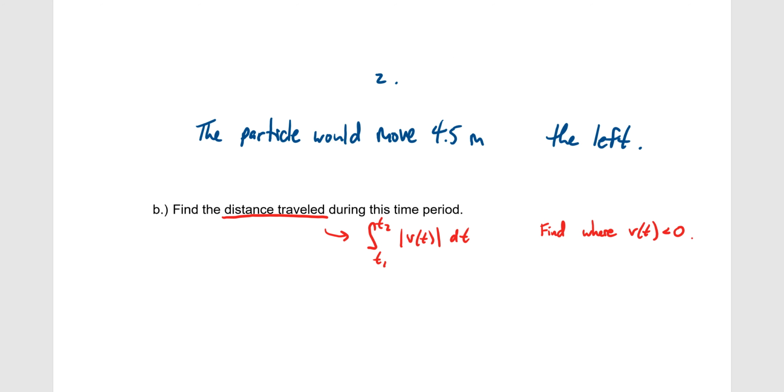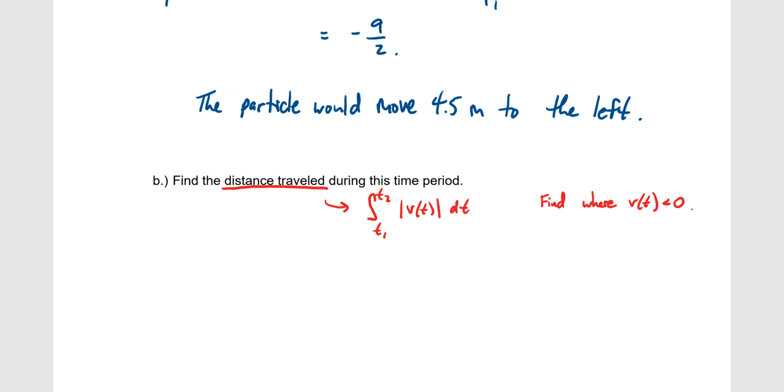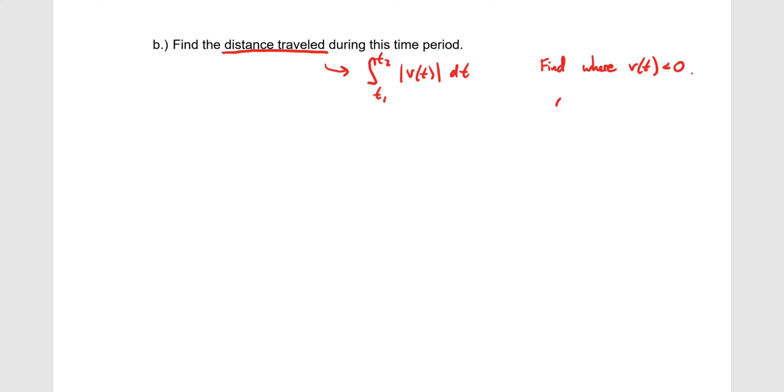So v of t is t squared minus t minus 6. Let's go ahead and see when this equals 0. We can factor this as t minus 3 times t plus 2. We get t equals negative 2 and t equals 3.